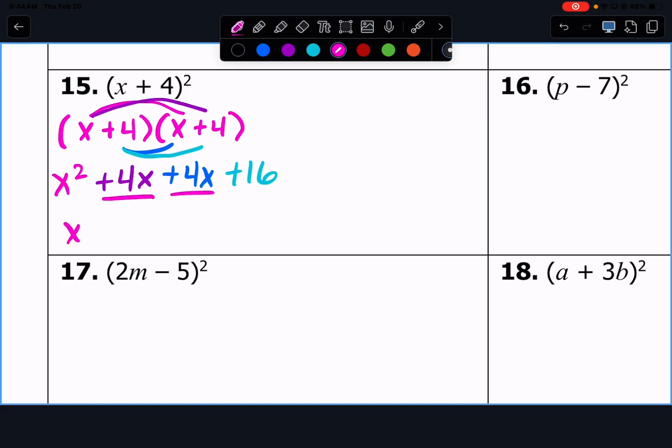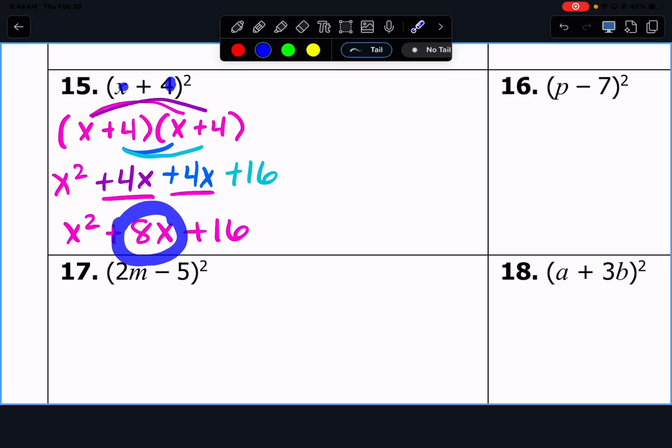And get x squared plus 8x plus 16. Because if I was to just square each of those terms, what term would I miss? I'd miss the 8x, right? We have to make sure we write it out with 2 terms and actually distribute the whole thing. Okay?